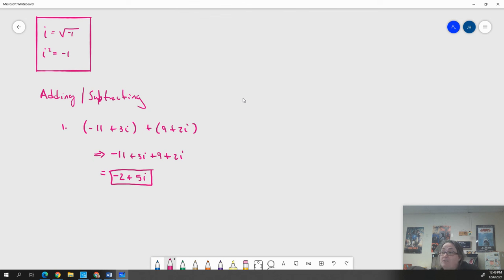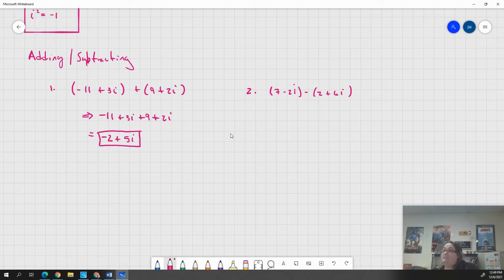Subtracting is slightly more difficult, just like when we're subtracting binomials. If I had, say, (7 - 2i) - (2 + 6i), it works very similarly to addition.